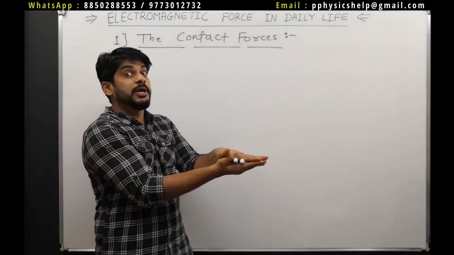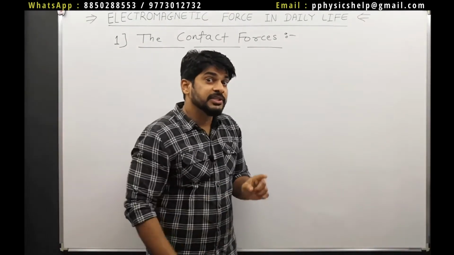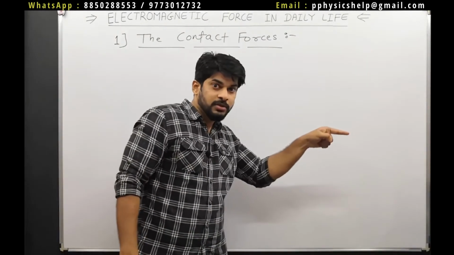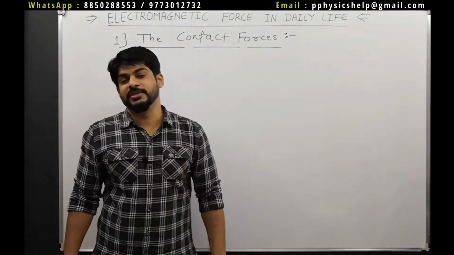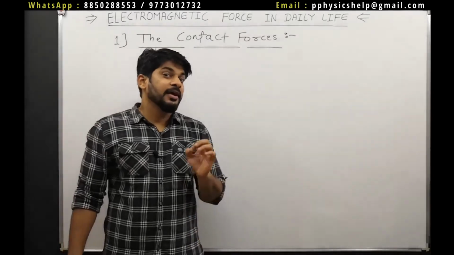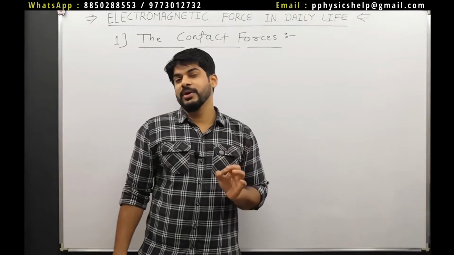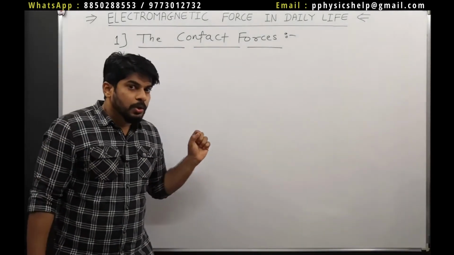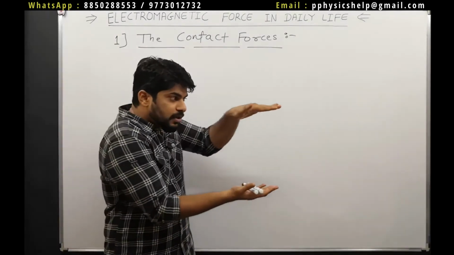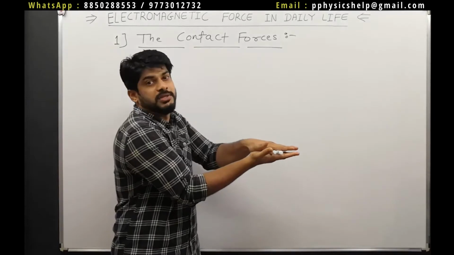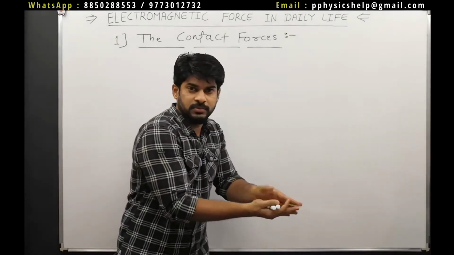If you go to the microscopic level, it's the atoms of the book and the atoms of the table in contact with each other. Now, when these atoms come close to each other, what will they do?